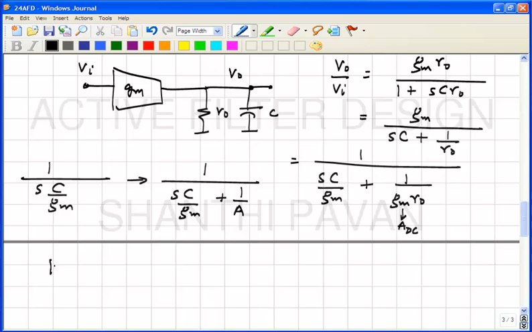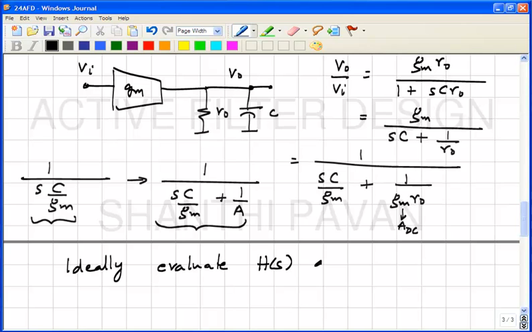Earlier you had H of S. Now, instead of SC by GM, you have SC by GM plus 1 by A, which is equivalent to evaluating H of S at a shifted point. Ideally you evaluate H of S at S equal to j omega.